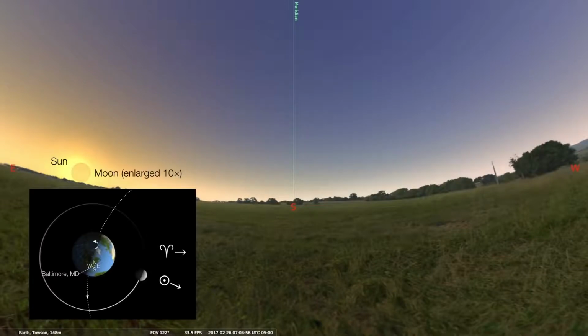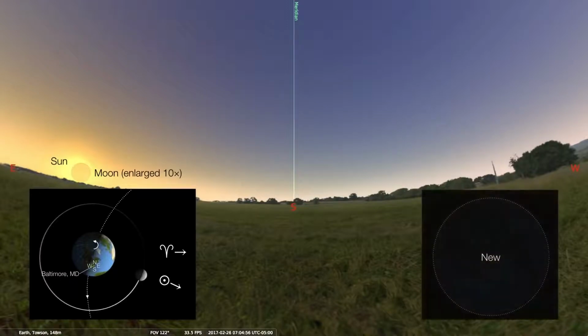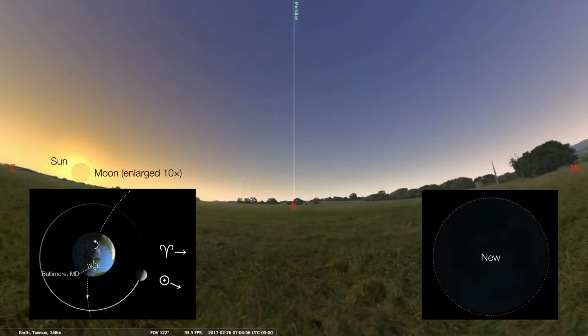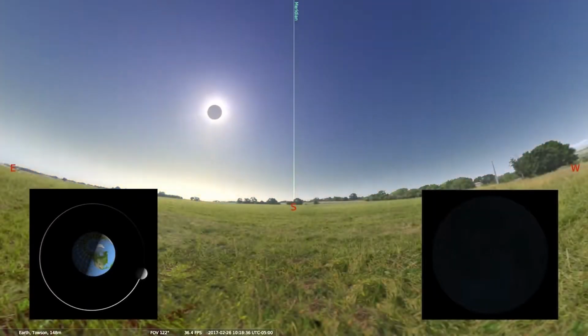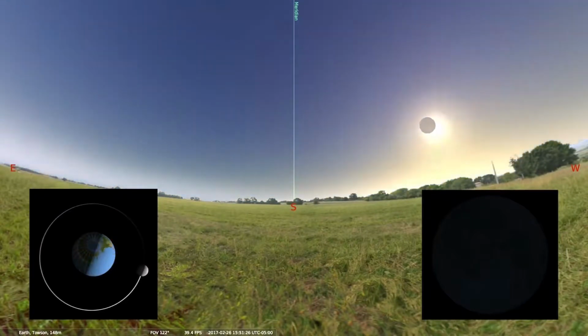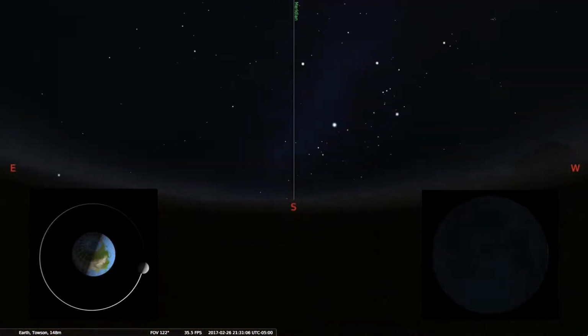We know that the Earth is going to continue in its orbit as the moon revolves around the Earth, and we're seeing the moon in the new phase. By the way, I've just gone ahead and added that dotted line just to help us see the moon. Let's go ahead and get the movie started, and we'll just watch and see what happens. So we notice that the Earth is rotating.